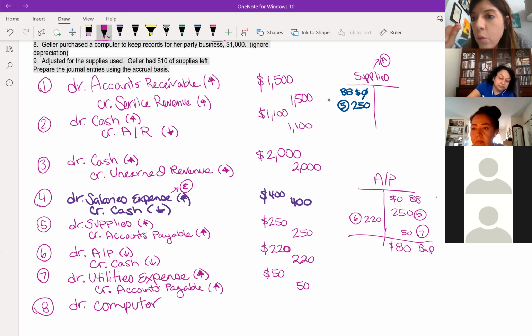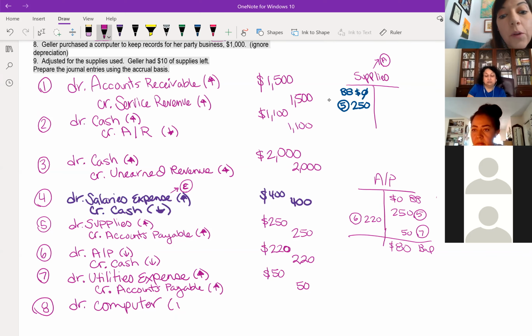If you include the word expense next to computer, it is wrong. Computers are assets. Which 3 did you say you would accept? Computer, computer equipment, or just equipment. Okay. Not supplies. It is not supplies. Supplies are current assets.